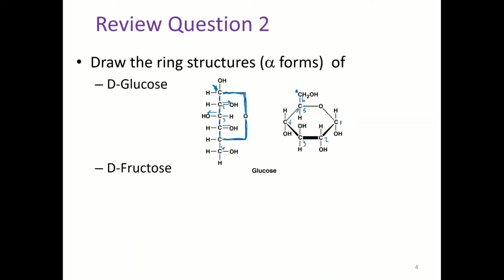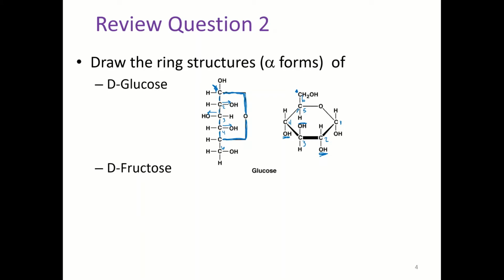And again, carbon 4, OH is pointing down, or in, excuse me, so that's down. Okay, so the pattern we see here is OH group at carbon 2 is down, OH group at carbon 3 is up, and OH group at carbon 4 is down.